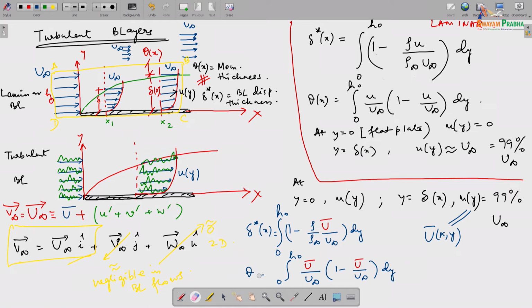The same thing. Everything here is for the turbulent boundary layer case. That is how you redefine it for the laminar case and for the turbulent boundary layer.